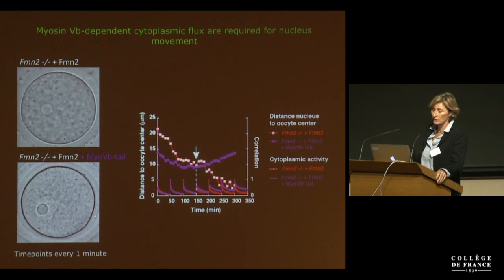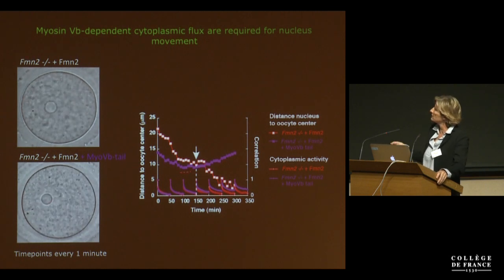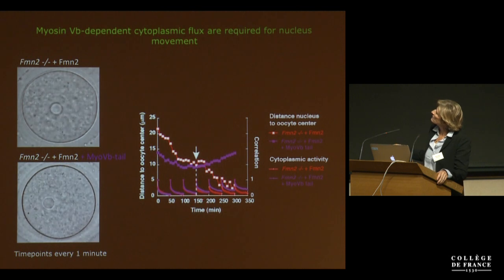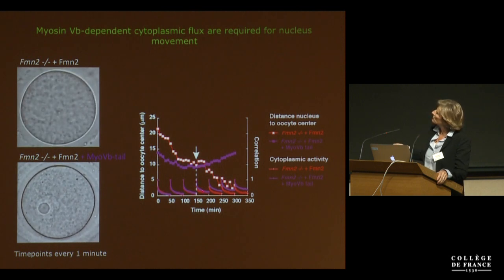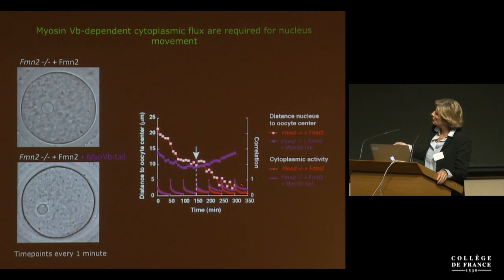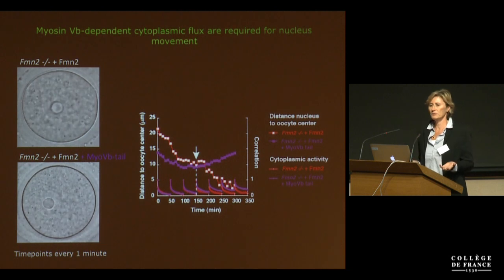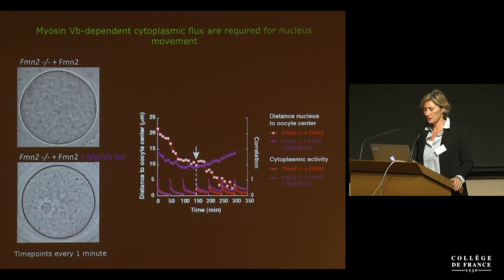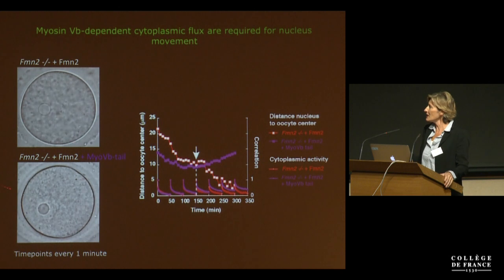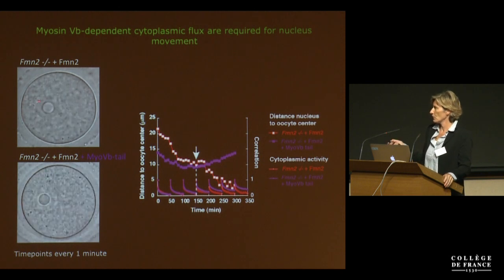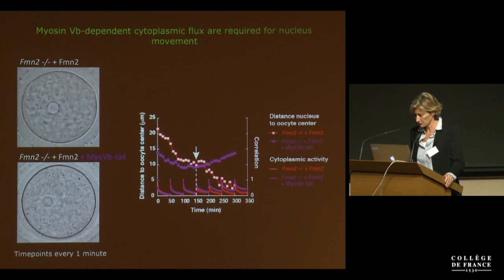It actually goes backwards, goes back to the periphery. And this correlates with the fact that the correlation coefficient of the cytoplasm now drops much more slowly. So this suggests that this global cytoplasmic flux promoted by myosin 5B activity helps the motion of the nucleus from the periphery to the center.